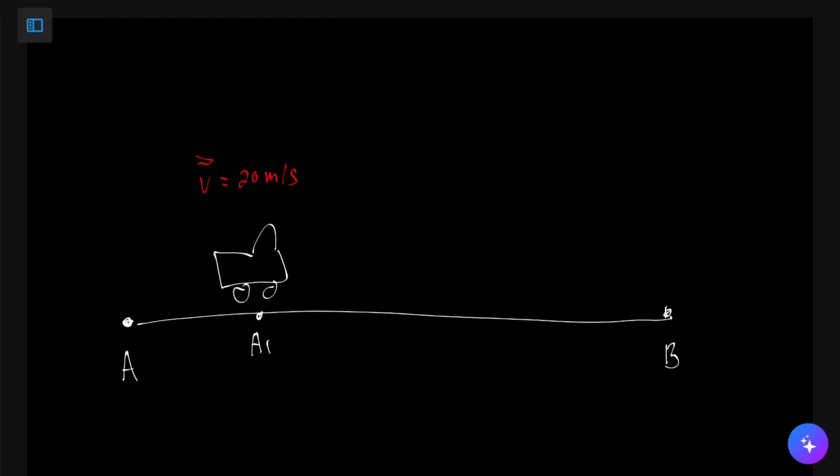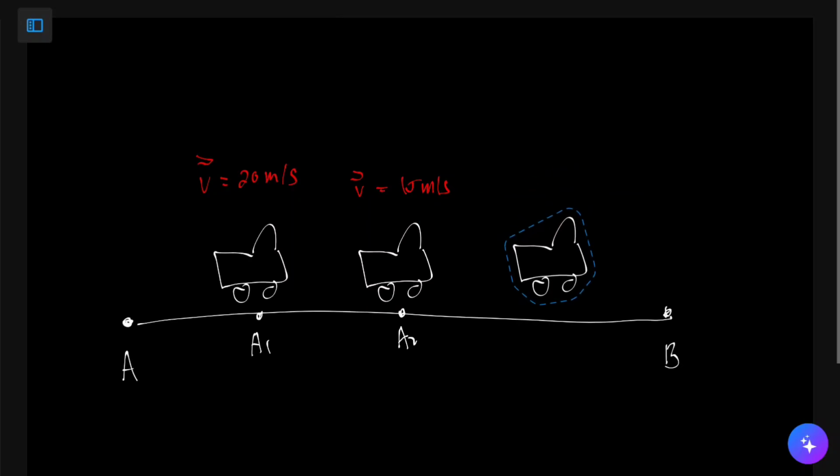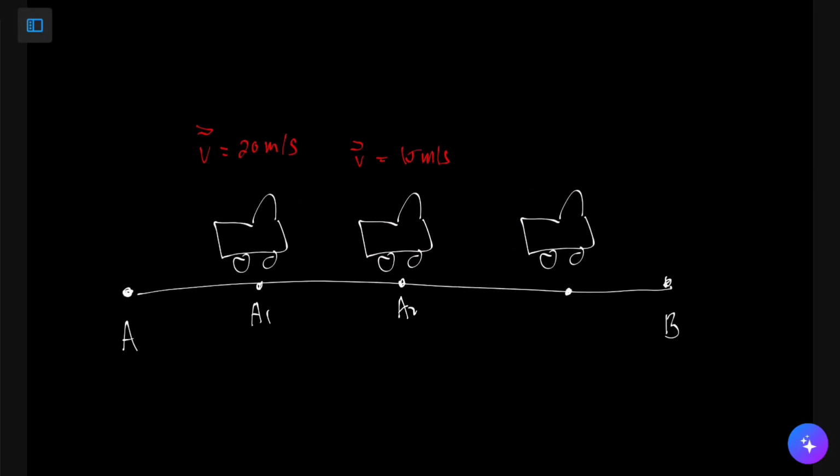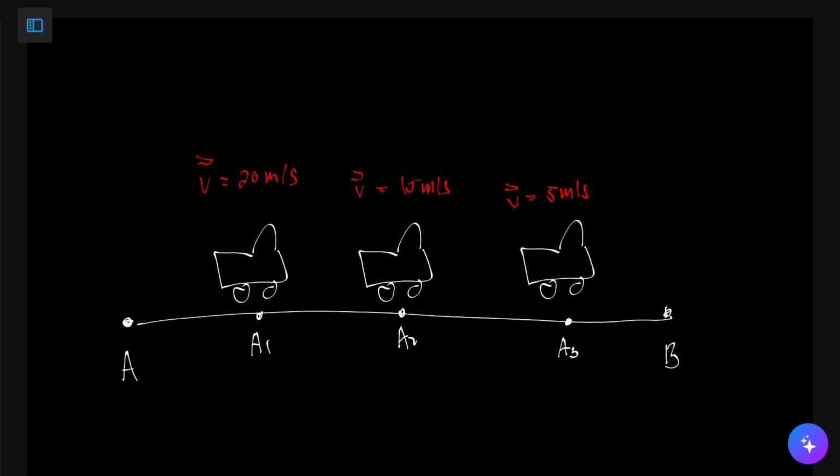Then at A2, you are traveling at 15 meters per second. And when you get to A3, you are traveling now at 5 meters per second.